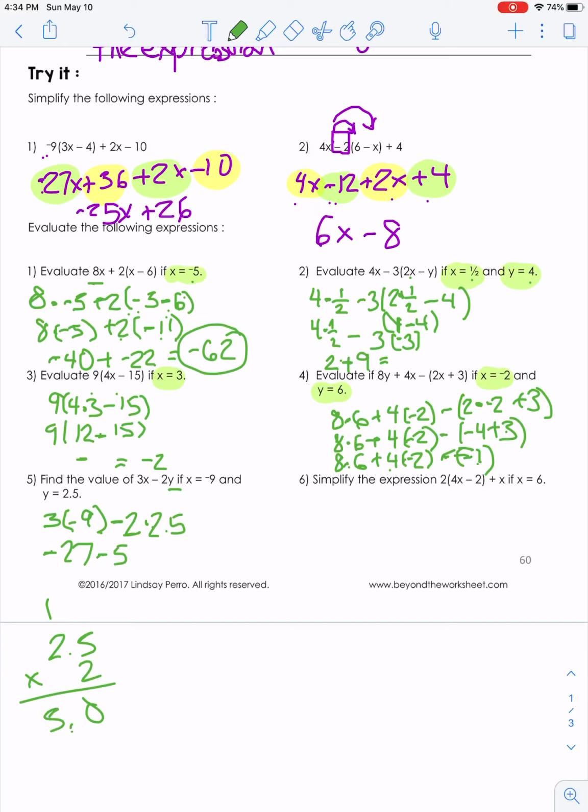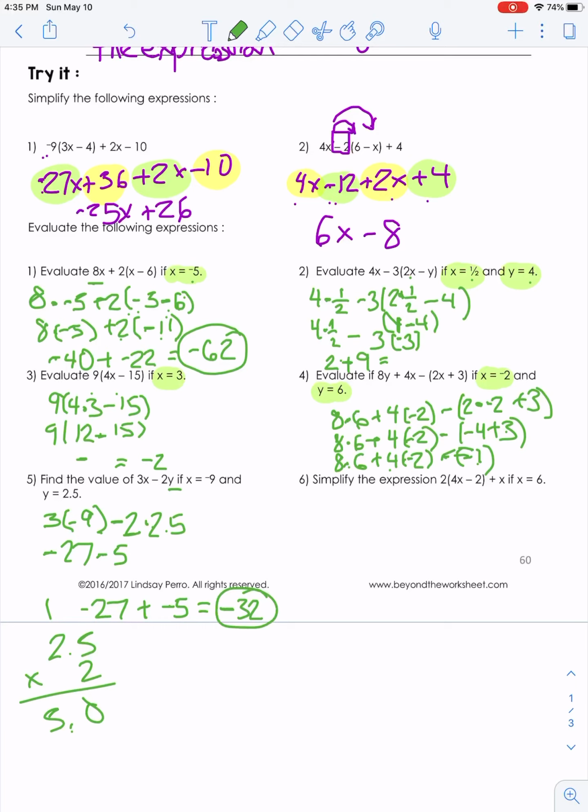So we have negative 27 minus 5, or we can think about it as adding the opposite. So we have negative 27 plus negative 5 equals negative 32.